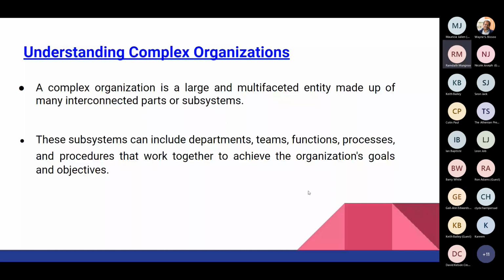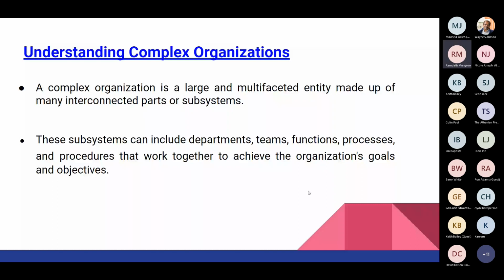A complex organization is a large and multifaceted entity made up of many interconnected parts or systems. So we see here that organizations are made up of different entities. That's what makes it complex.